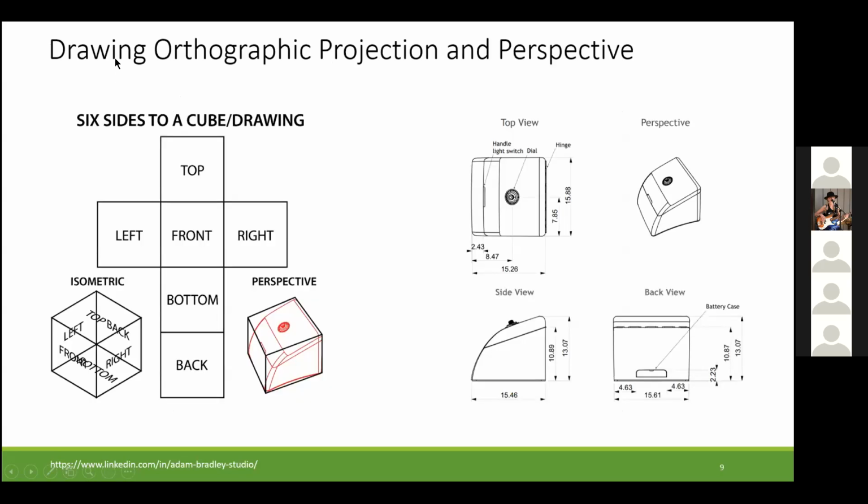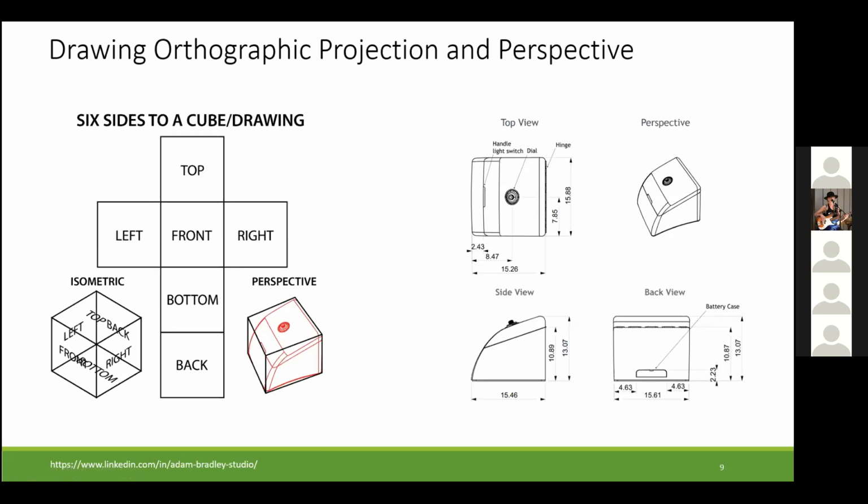Now when you're creating drawings, you have orthographic. You can create everything in a cube. Whether it's a drawing of the safe, a sphere, or a cone, whatever it is, it can be drawn inside of a cube.